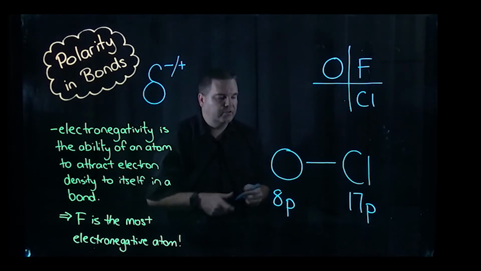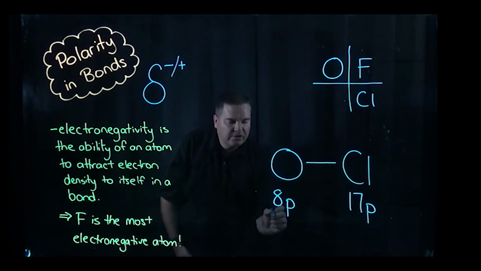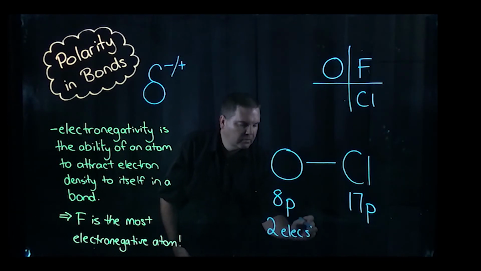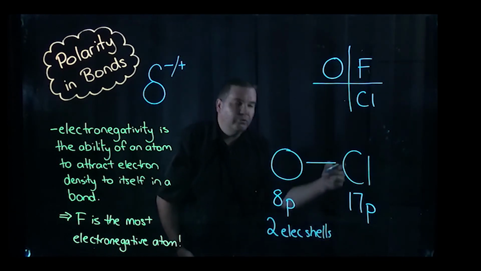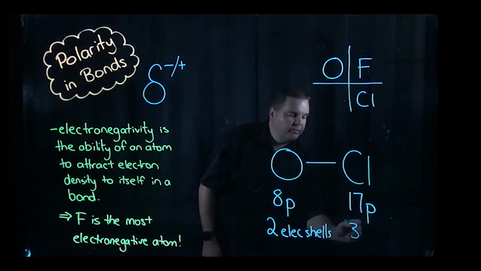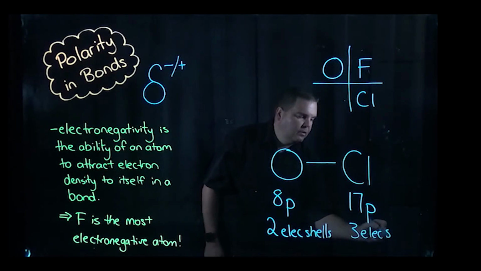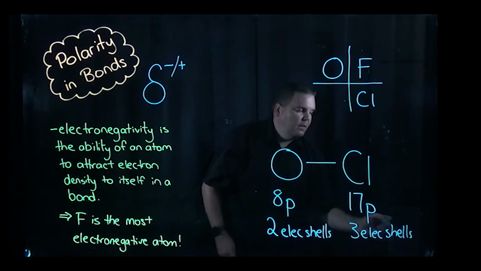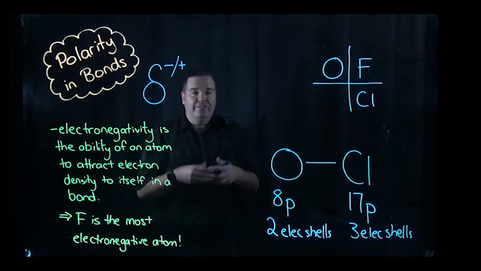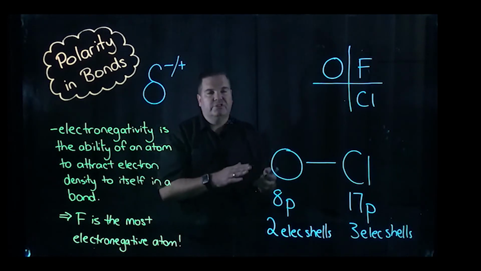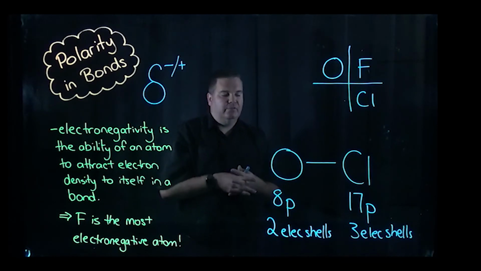However, what you've also got to remember in this case is that oxygen has 2 electron shells, but chlorine, because it's in period 3, has 3 electron shells. Okay. So in this instance, oxygen is actually more electronegative, okay?